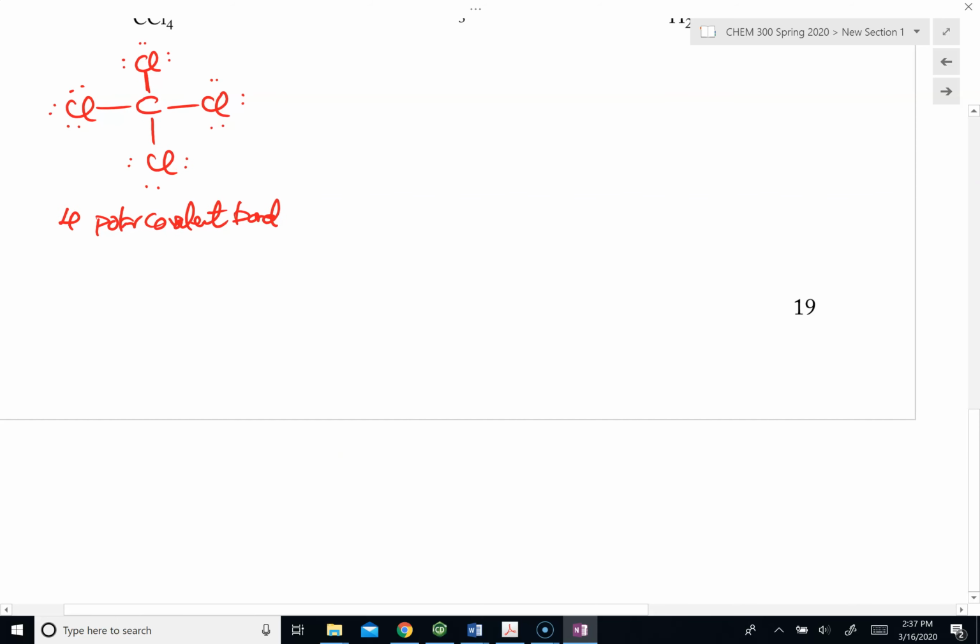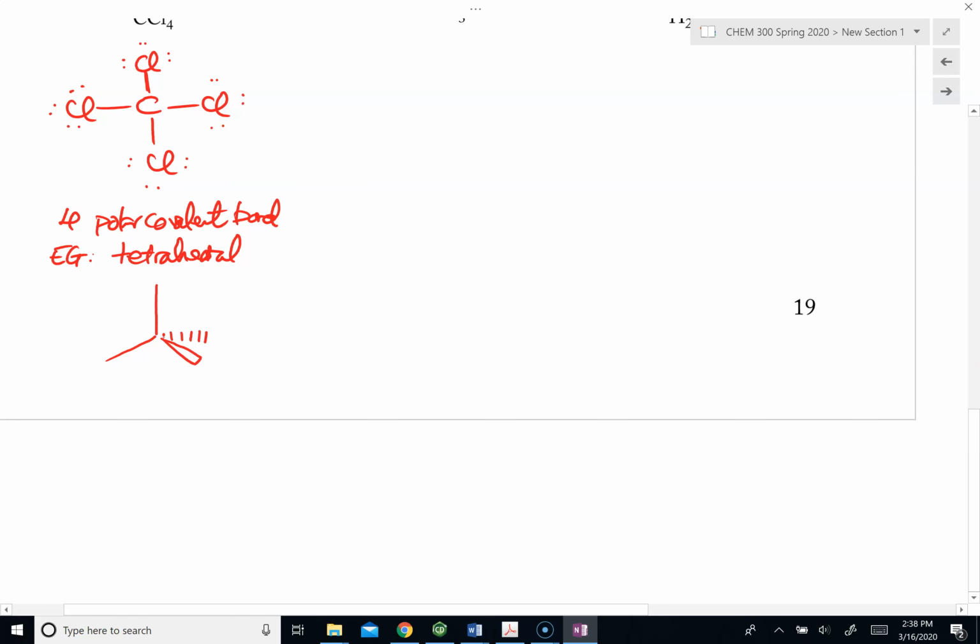So in this case, remember that the electron geometry of this molecule is tetrahedral. So that is an important guideline to help us start drawing a 3D structure. Once we know this is tetrahedral already, we will start by drawing the backbone of tetrahedral. And we know that tetrahedral has this backbone right here.